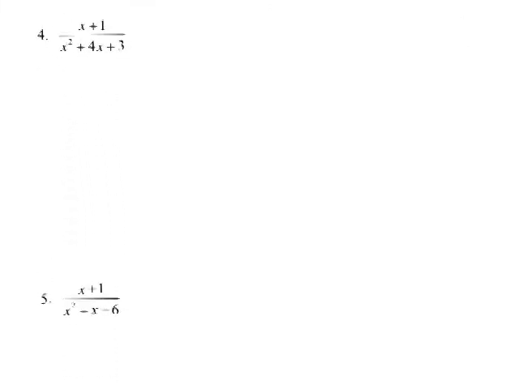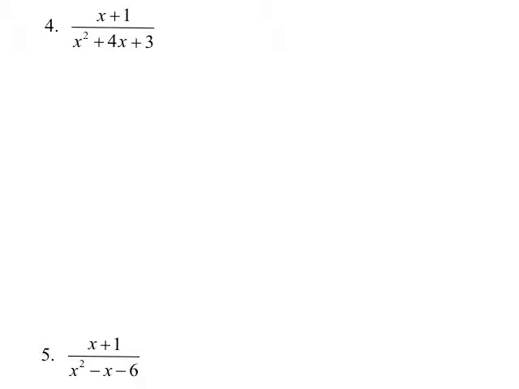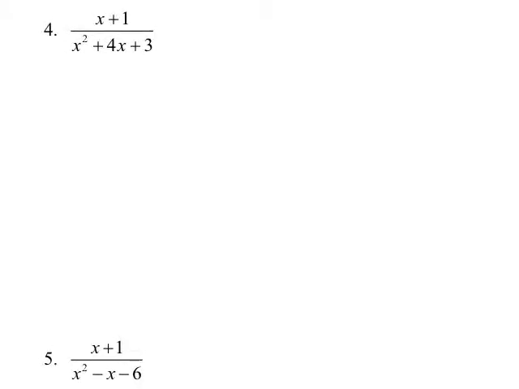Okay, let's do this for problem number 4. The first step is to factor the denominator. So this factors to (x + 3)(x + 1), which means we have A over x + 3 plus B over x + 1, and we need to find the values.